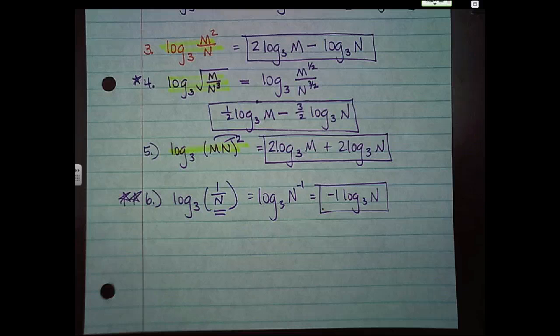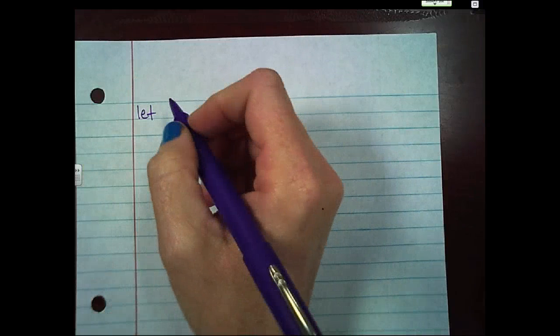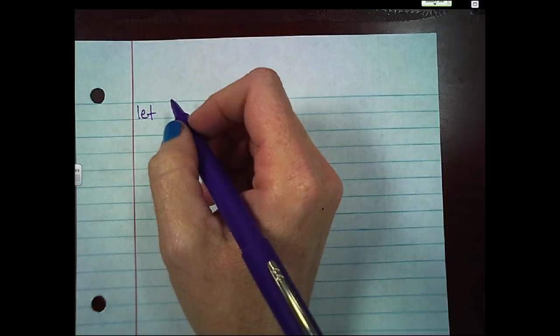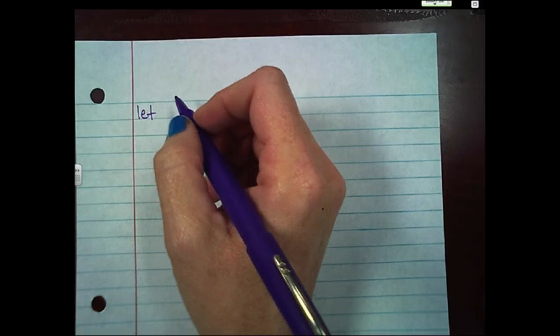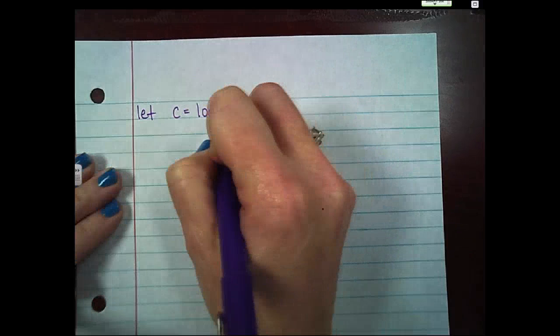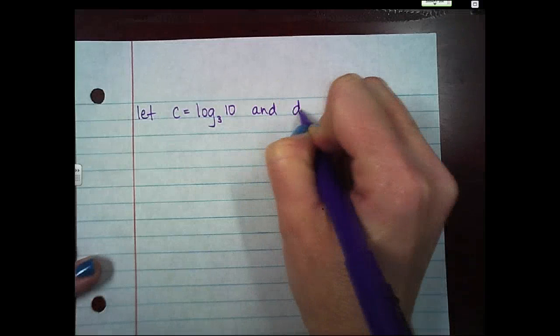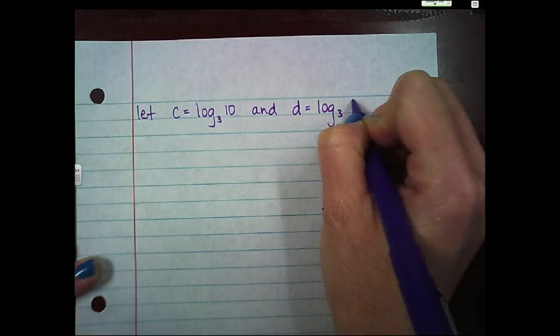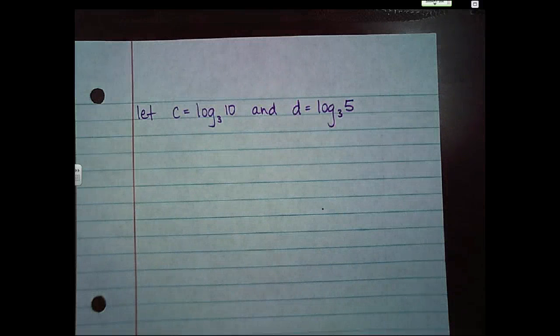Okay, so now we have 2 different sections left. This is where it gets a little strange. Okay, we've done properties, right? So now we're going to take all the properties that we've learned and apply them. So if I say let C equal, we're going to say every time we see a log base 3 of 10, we're going to let it equal C. And we're also going to say that every time we see a log base 3 of 5, we're going to let it equal D. So our goal is to get everything written with log base 3 of 10 and log base 3 of 5.